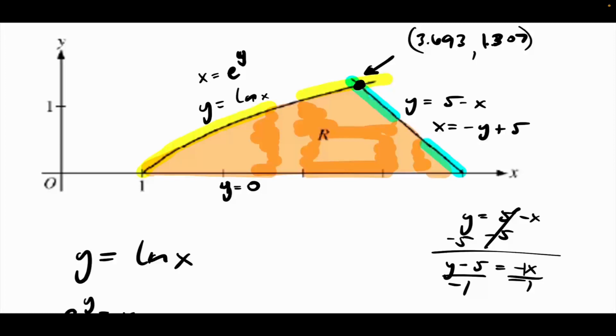So now the diameters of the semicircles are going to go from here to here. And then the semicircle is going to be sitting like this.